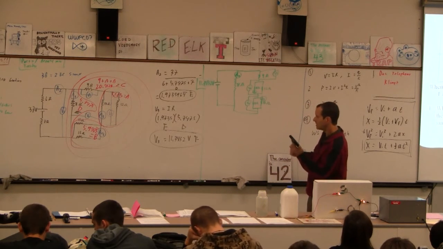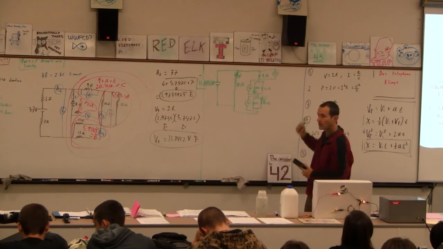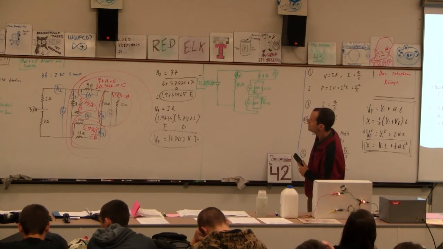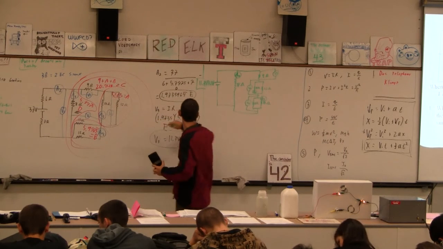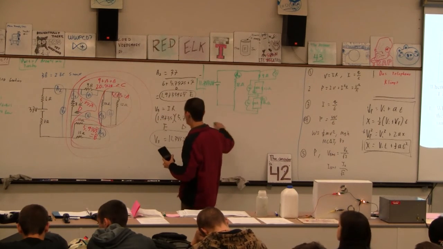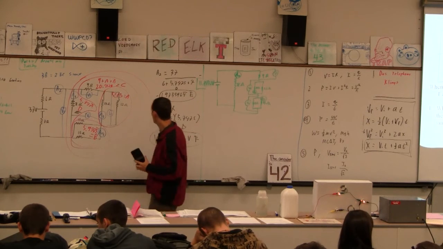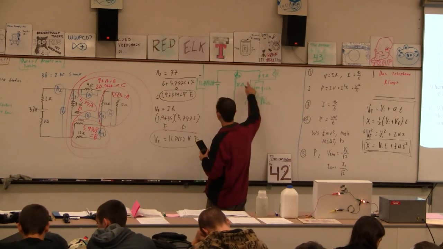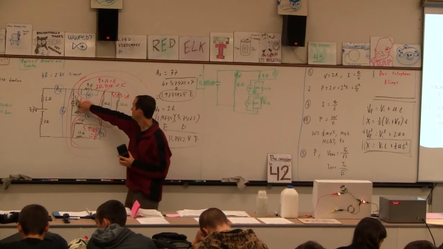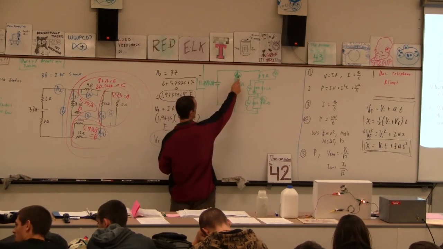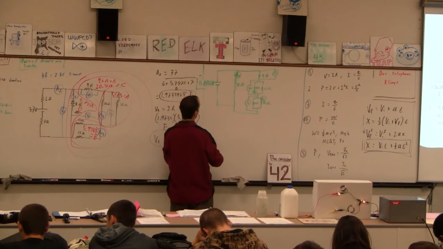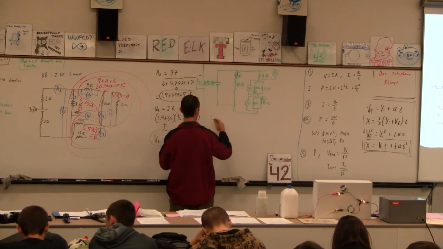It's all connected the same. I just took the wires and moved them around. Isn't it? Notice that A3 is just downstream of the 10 ohm, right? A4 is upstream of the 13 ohm on that branch. A1 is upstream of the 8 ohm, right? So for these, A1 is the easiest one. A1 is just this divided by 8, right?